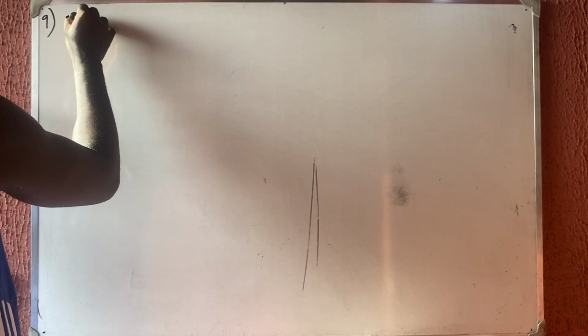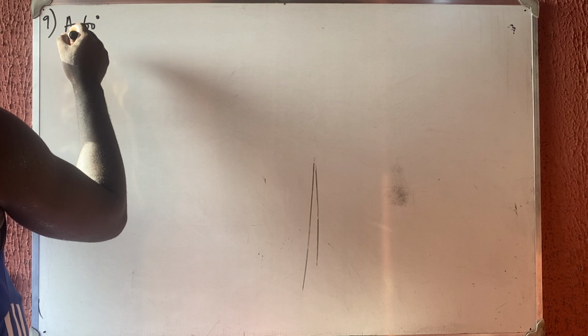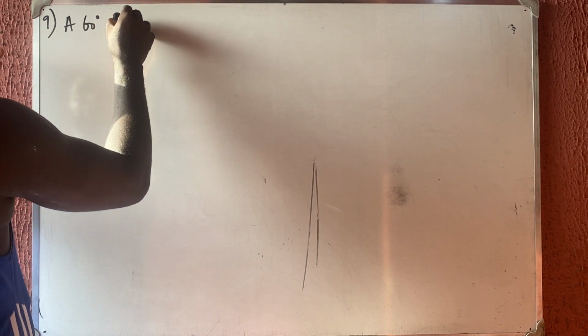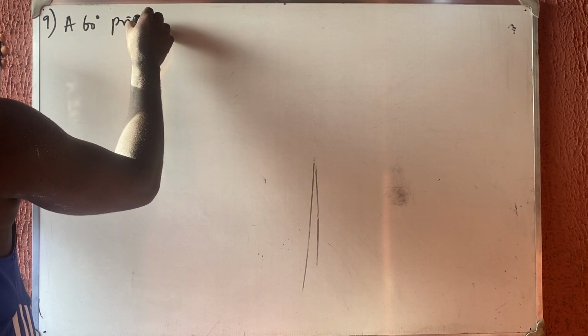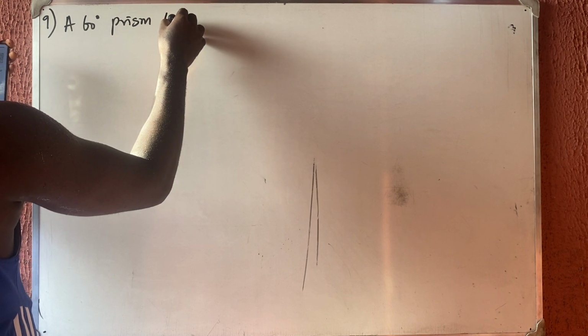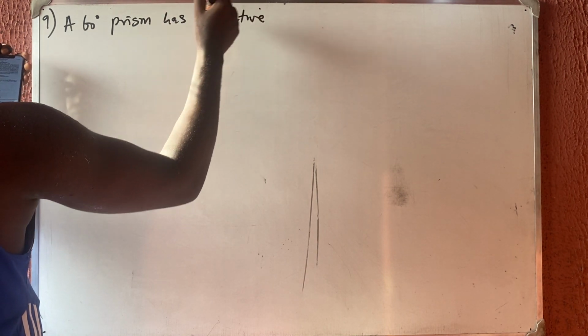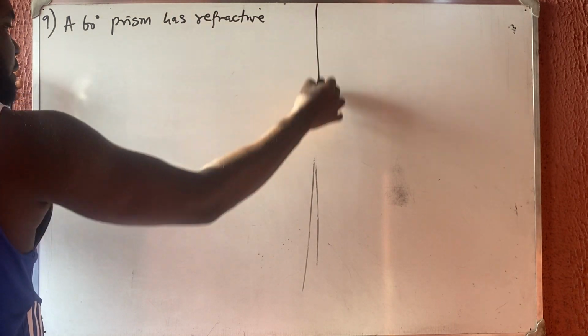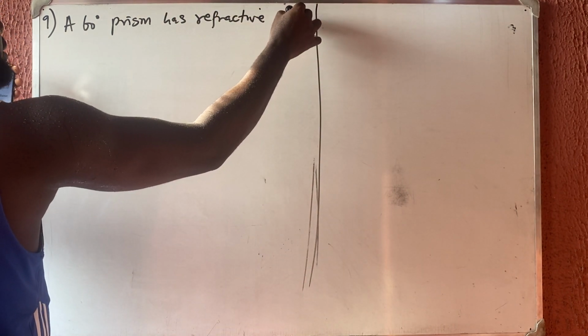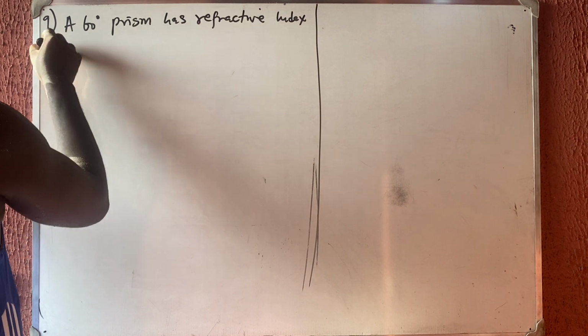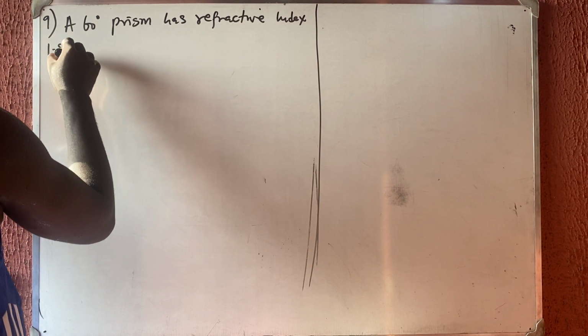Question number 9 said a 60 degrees prism has refractive index 1.5.